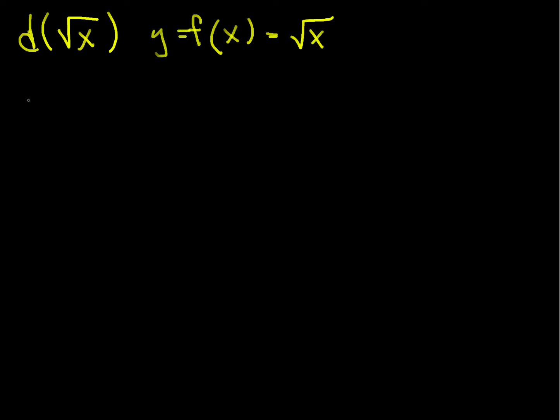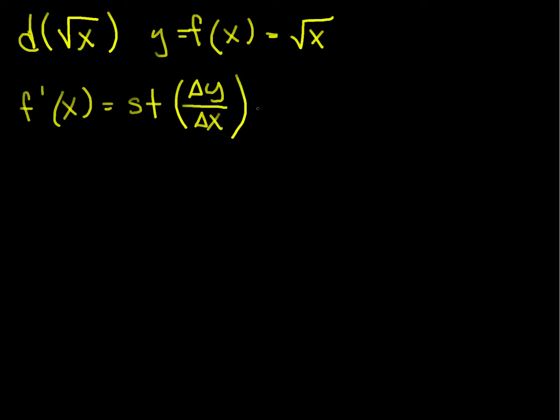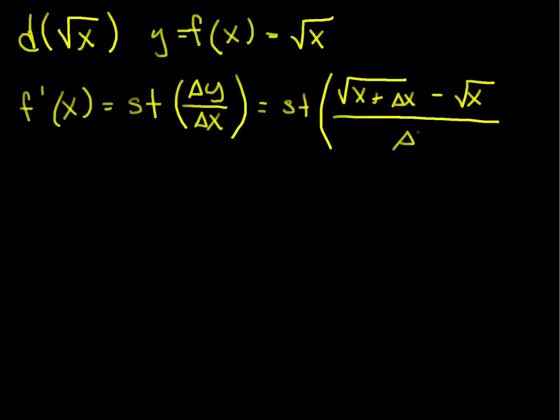So then f prime of x is the standard part of the change in y over the change in x, which is equal to the standard part of square root of x plus delta x minus square root of x, just by definition, all divided by delta x.